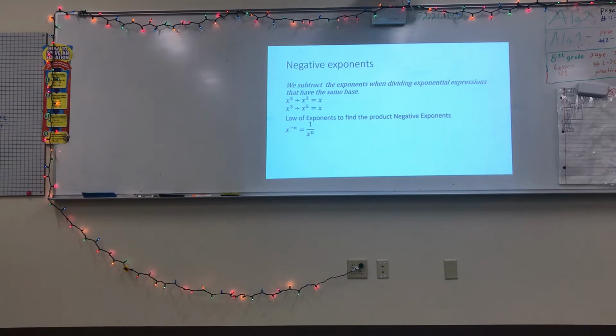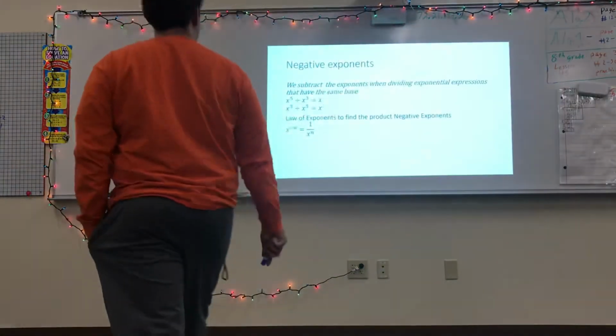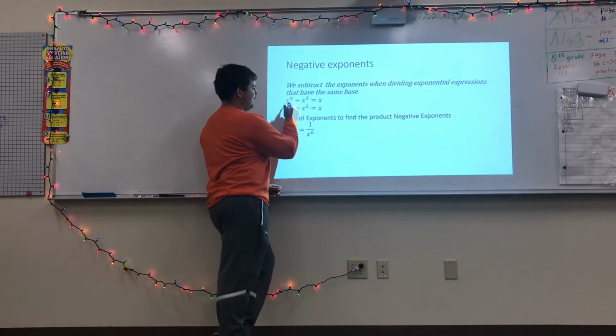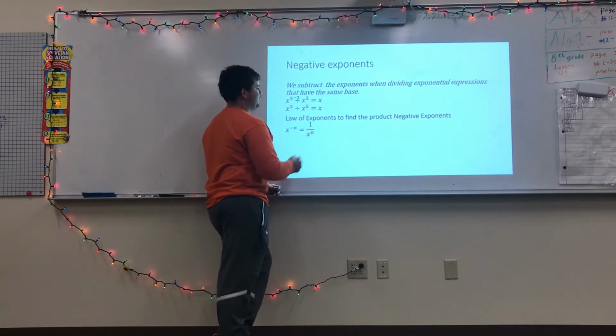Alright, negative exponents. We subtract the exponents when dividing exponential expressions that have the same base. Law of exponents to find the quotient with negative exponents. As you can see here, we would subtract. We get x to the fifth divided by x to the third, which means we just subtract our exponents and end up with x to the second.